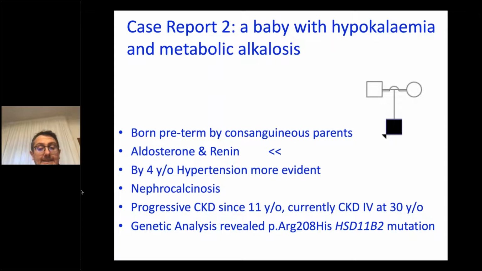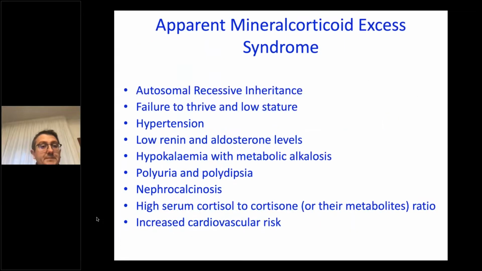And look at that, the CKD started to be detected by 11 years old, and now he is 30 years old and in stage 4. And the genetic analysis revealed a mutation in the 11 beta hydroxysteroid dehydrogenase type 2 gene.